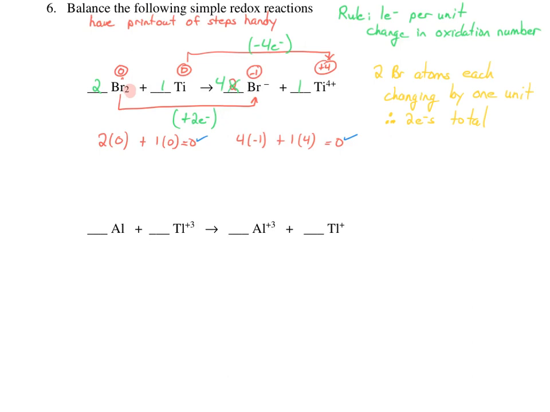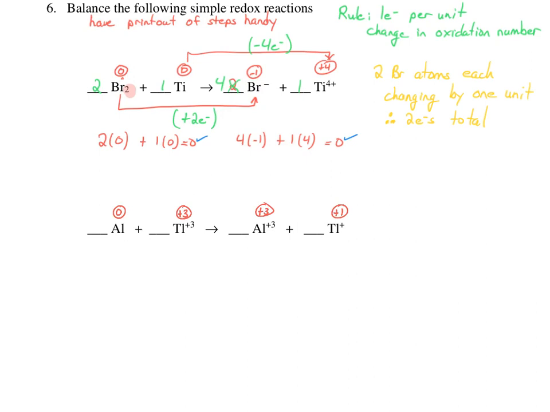Now let's look at the second redox reaction. Aluminum as an element has an oxidation number of 0. Monatomic ion has an oxidation number equal to its net charge, +3 and +1.